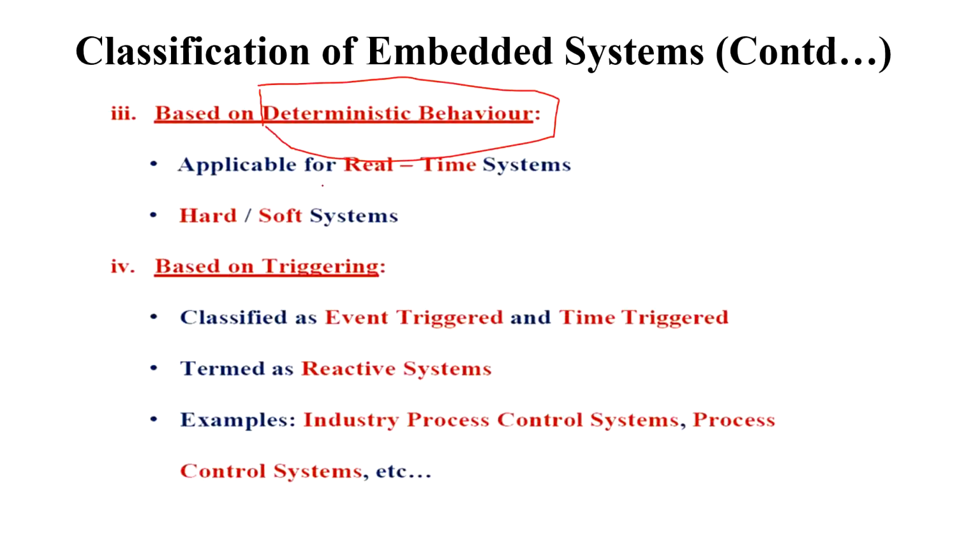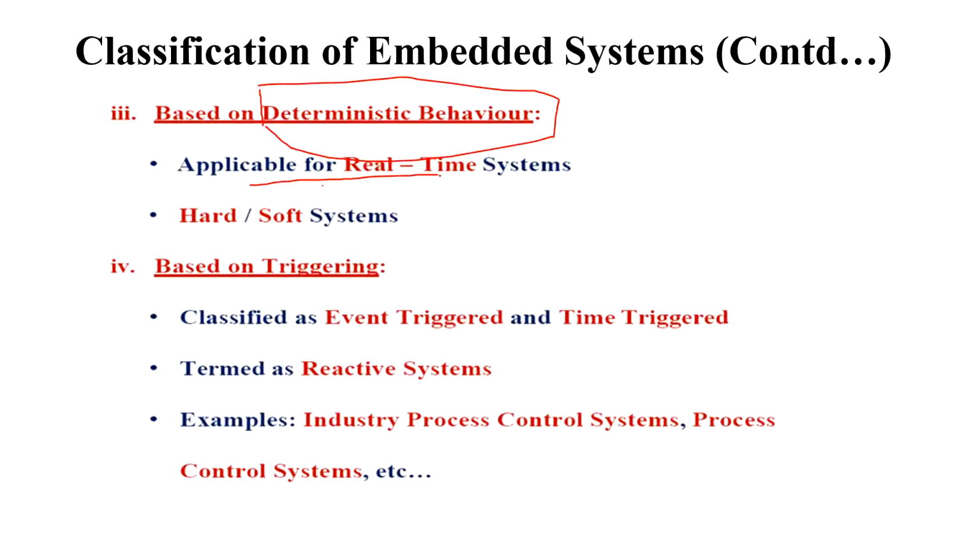One is applicable for real-time systems, right? That means those systems which are real in time, those systems which capture real-time operations. Okay, so what are those? A system which captures the temperature.